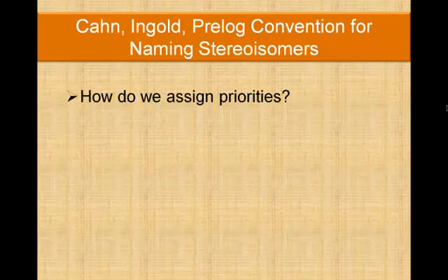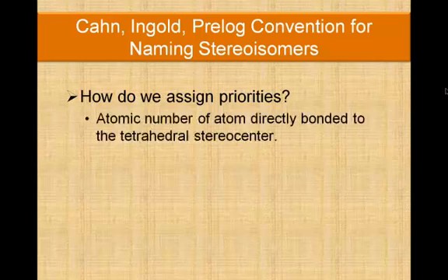You've seen how we determine absolute configuration, but how do we assign these priorities? Well, there are really 3 different kinds of situations you're going to be faced with when you're assigning priorities. The first thing that we do is we look at the atomic number of the atom that's directly bonded to the tetrahedral stereocenter. The atom with the highest atomic number is going to be the highest priority.